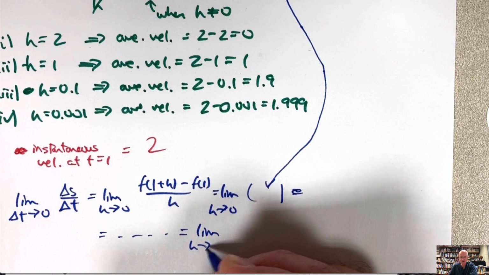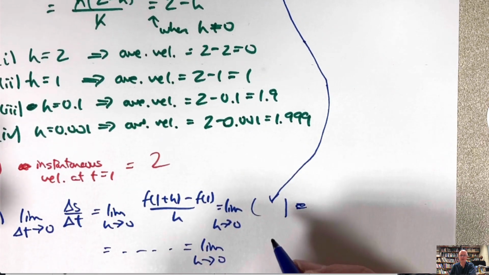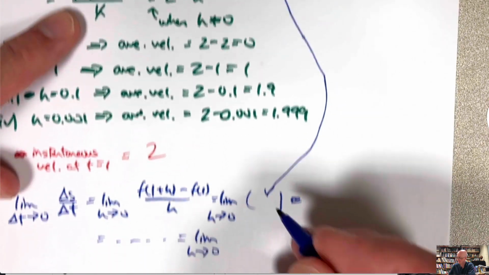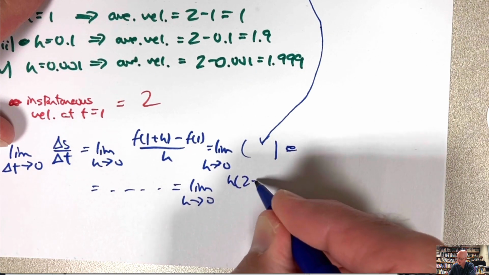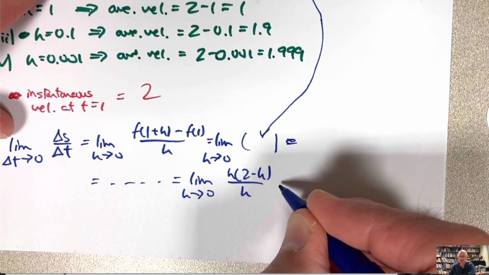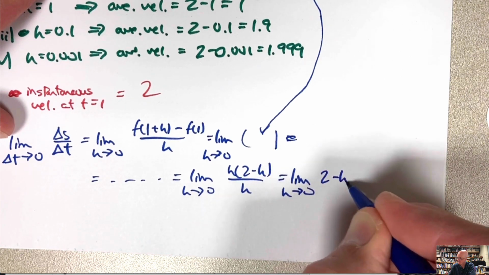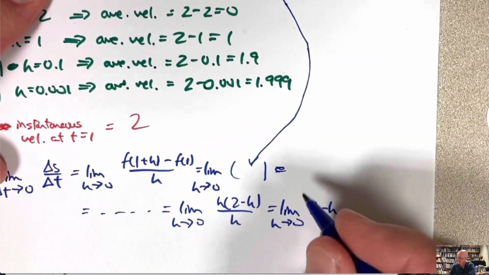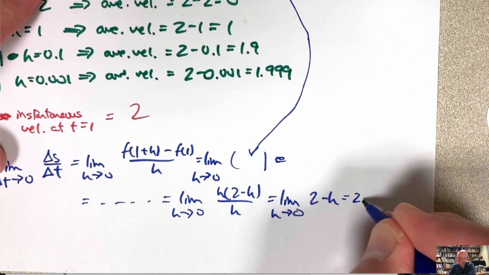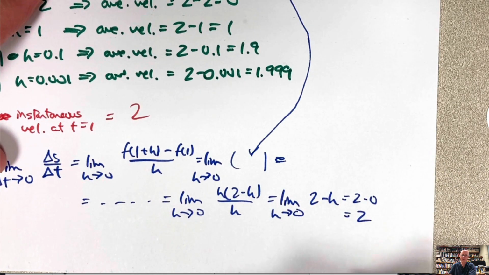Let me show the last 2 steps. As h goes to 0 of this thing, I claim that equals the limit as h goes to 0 of this thing, 2 minus h. And I claim that is 2 minus 0, which is 2.